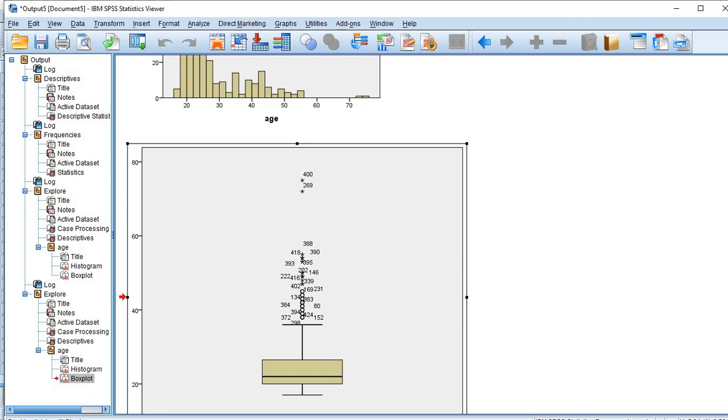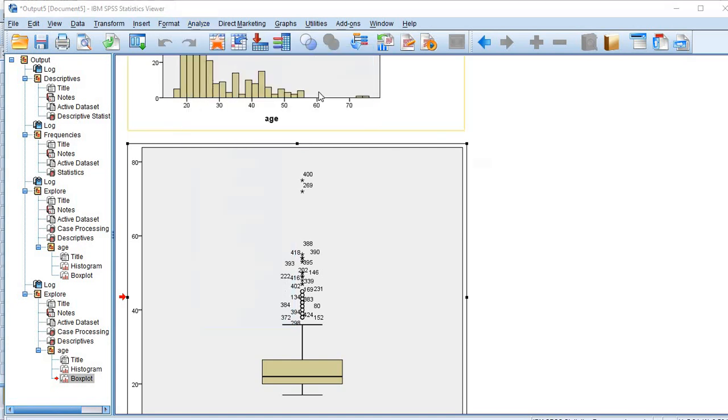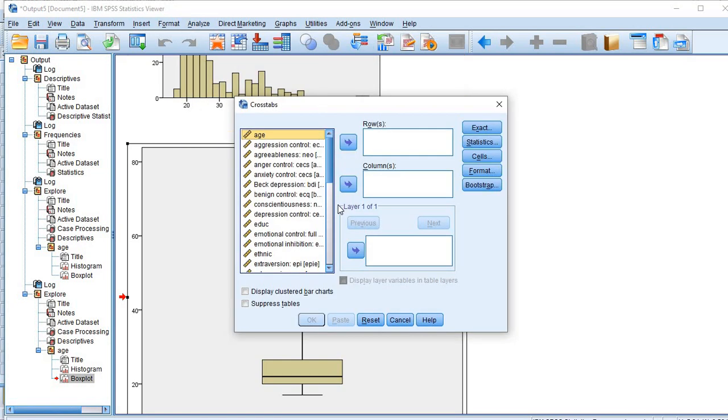Well, if there's no question, then I think we can stop there for today. That was our descriptive analysis: explore, frequency, and all that. I will not cover cross tabs because it is very fundamental. Here is a case where you want to customize your output, maybe you want to generate a table.